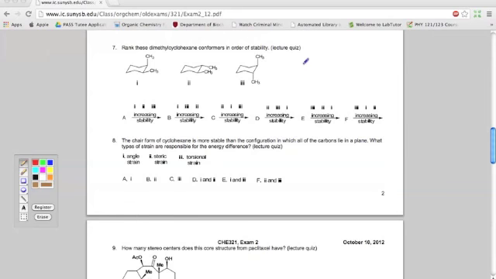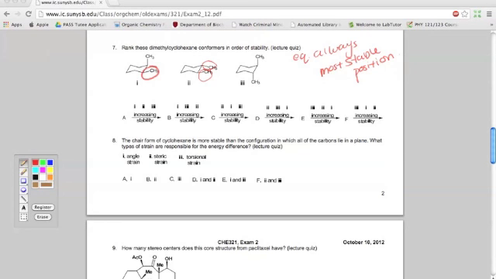In order of increasing stability. So remember what we just said, equatorial, always most stable position. So which one here is equatorial? That has an equatorial position. So this here is equatorial, this and this is equatorial, and this molecule has no equatorial at all.